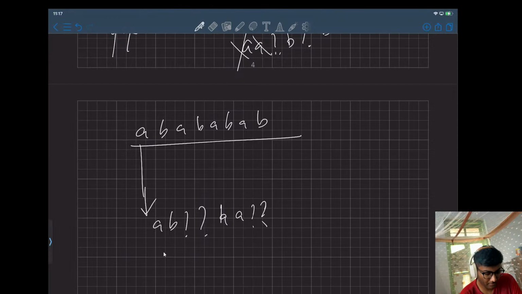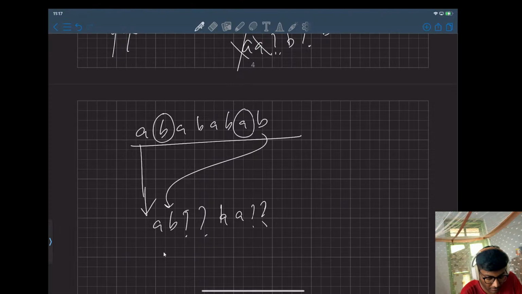Here I can have this B. Here you see I have A or a B. Now this question mark, I can put anything, either A or B, right? So if this is L, this is R. So I can put, let's say this is some sort of LR DP situation.